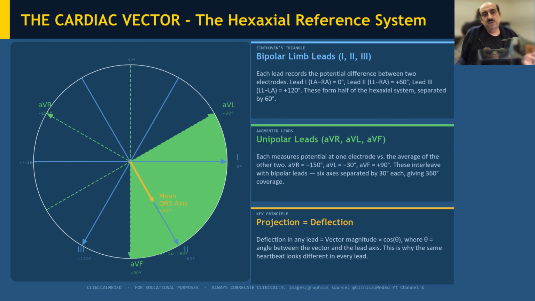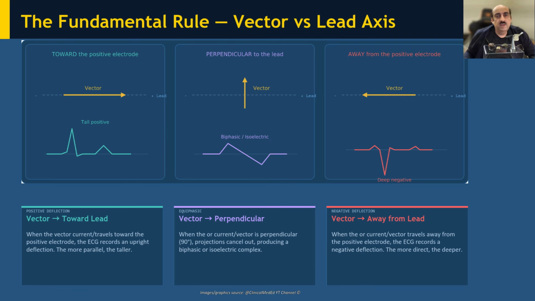Because the electrical vector determines how the waveforms appear in different leads. So we will discuss in the subsequent slide the importance of the current traveling towards a lead, away from a lead, or at a right angle to a lead. This is the practical importance of the vector and the electrical current and the lead axis itself.